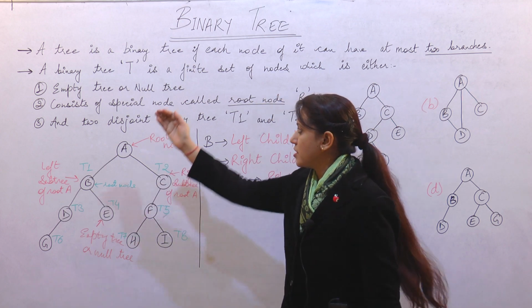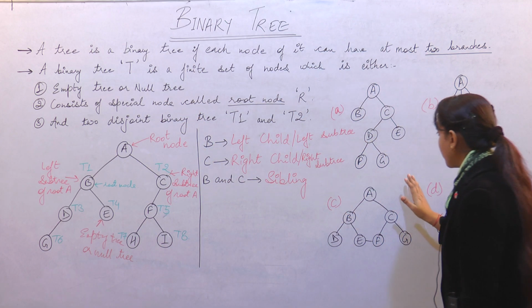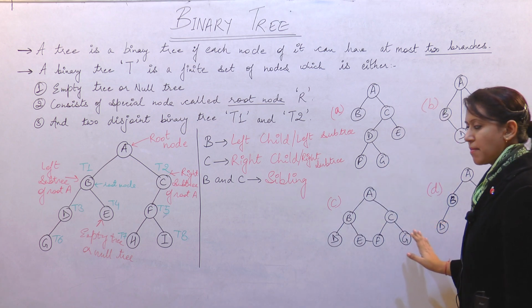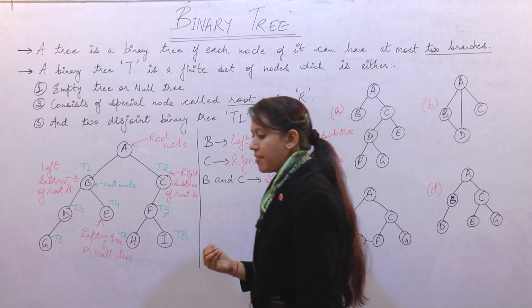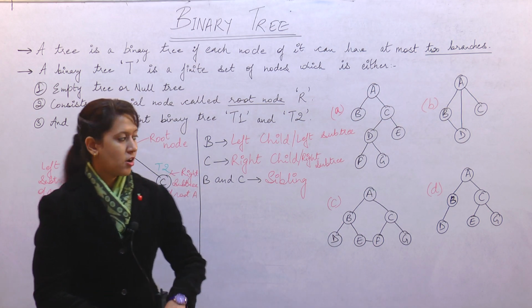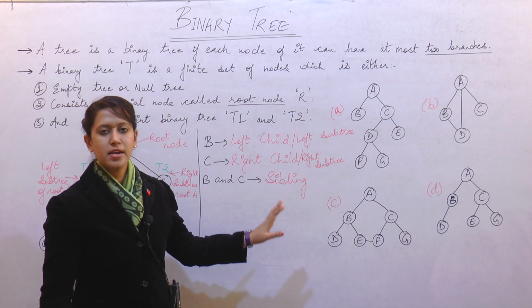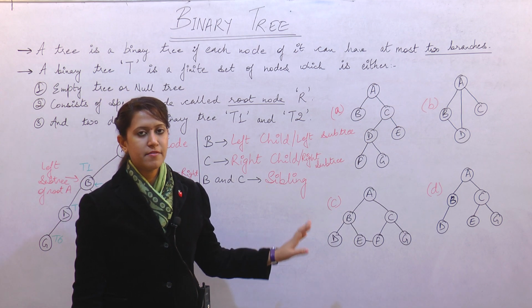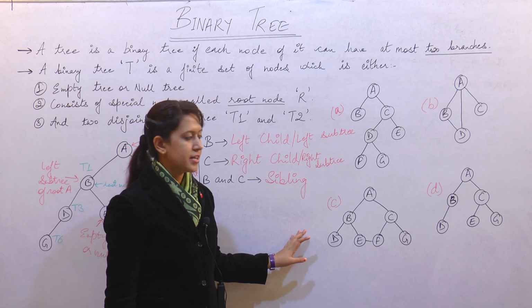Now according to these properties, we have drawn these four types of trees, and we will check which one among these four is a valid binary tree and which one is an invalid binary tree.